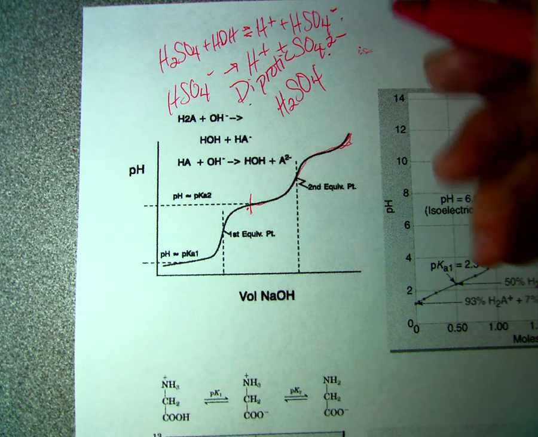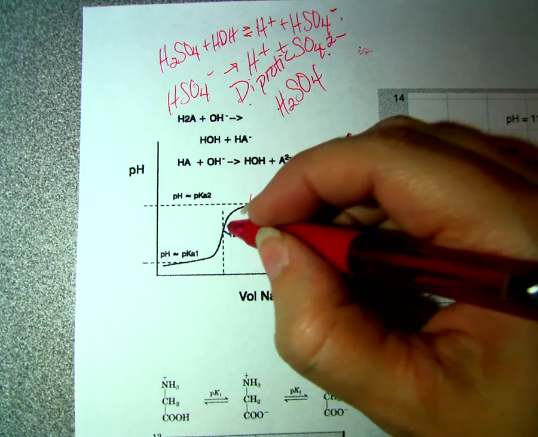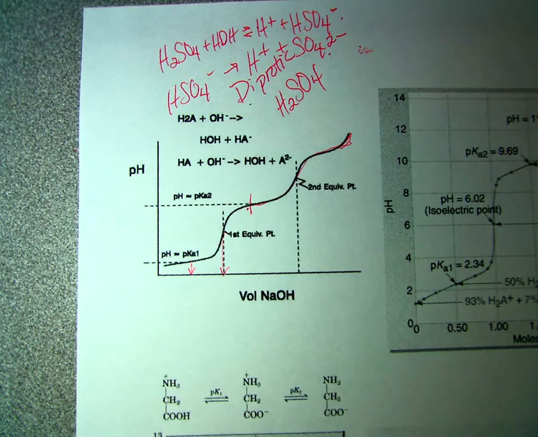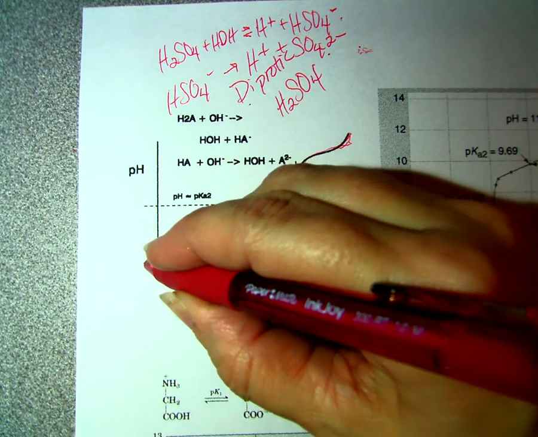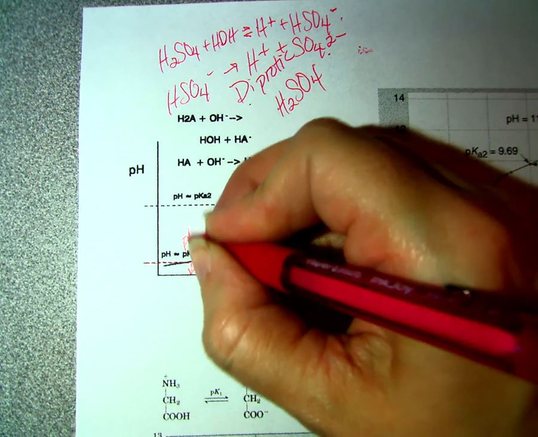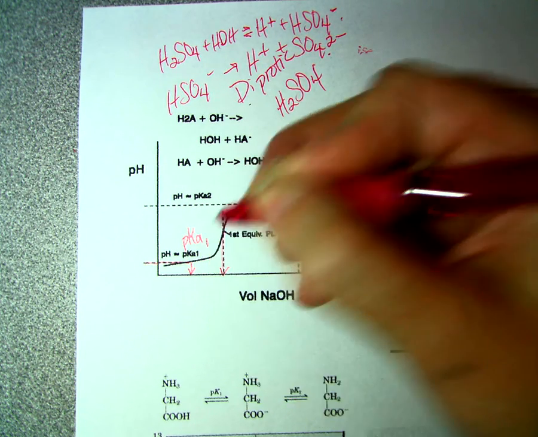If this is the equivalence point, then the half equivalence point would be somewhere around there. So the pKa1 is right here, the first dissociation.